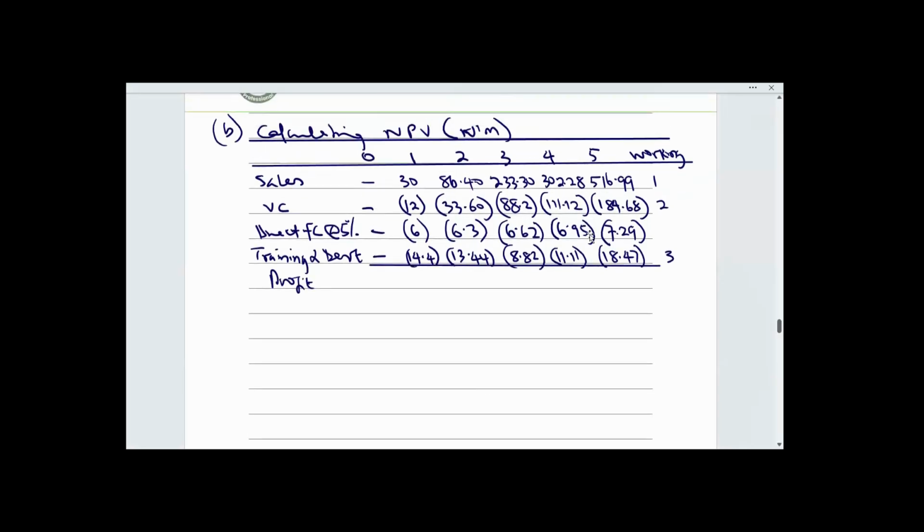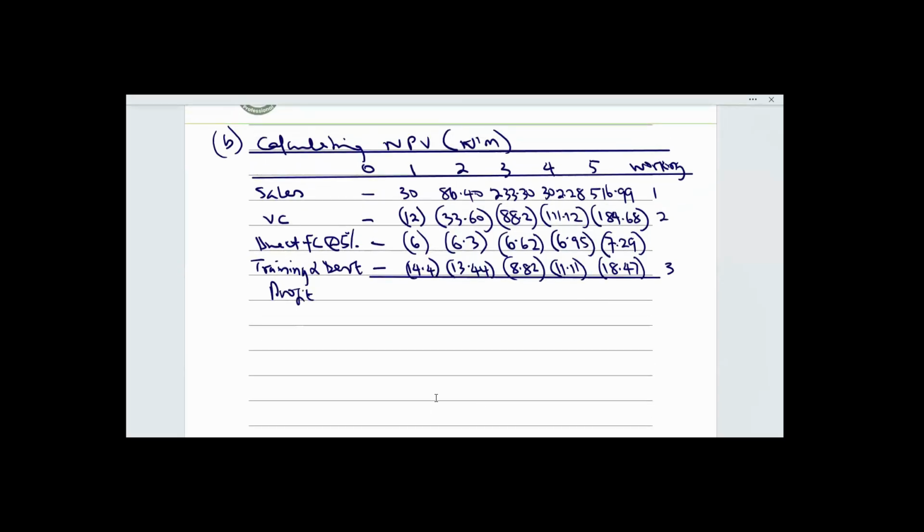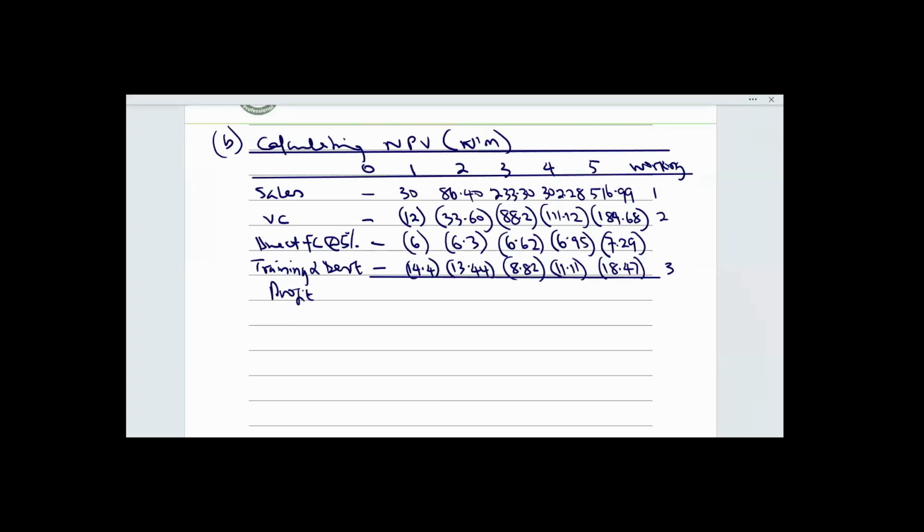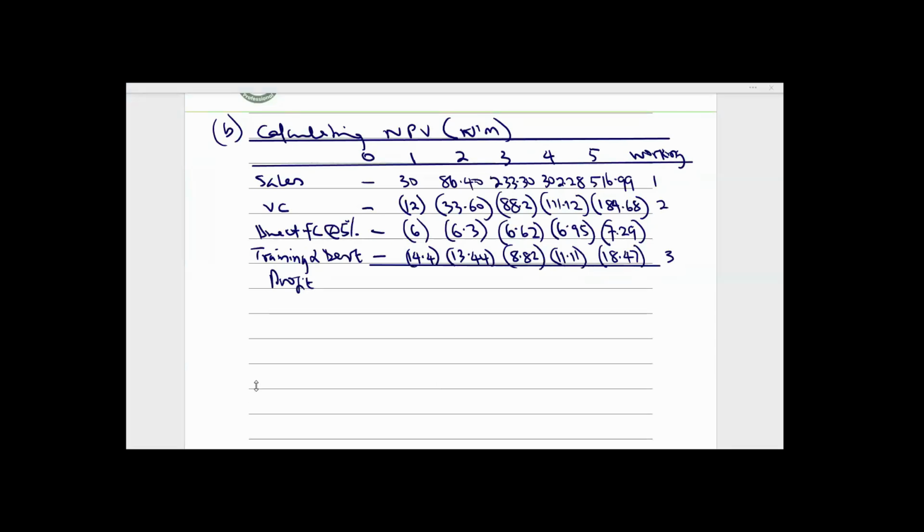So for year one, 30 minus 18 minus 14.4. That's minus 2.4. Here is 2.4 minus. All right.